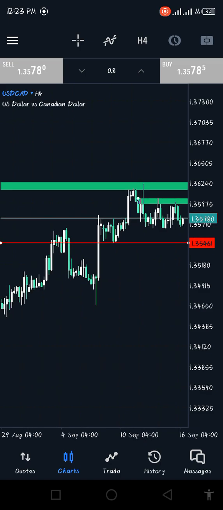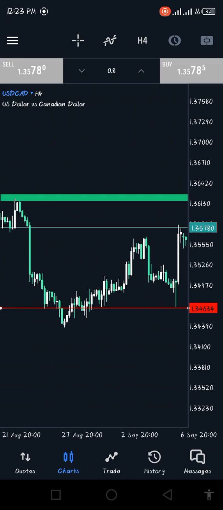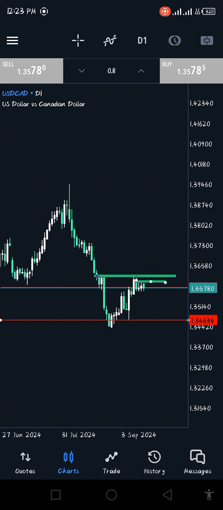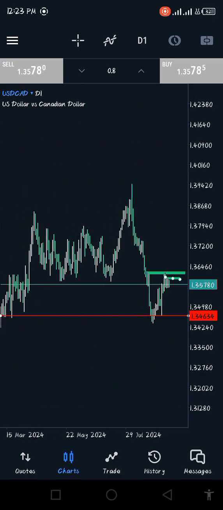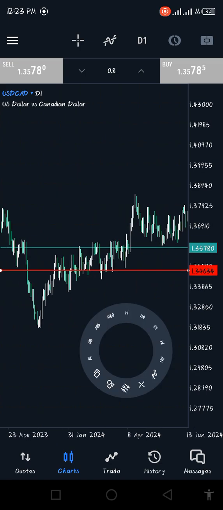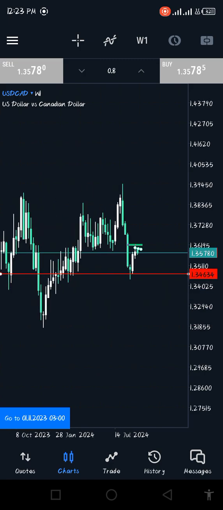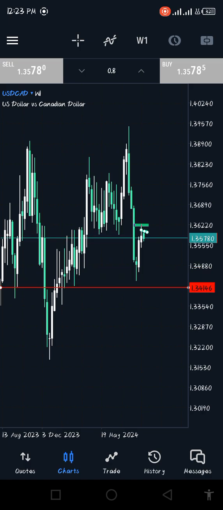Next take profit will be at this zone, and for our last take profit, let's go to the daily time frame, and we can have it all the way down here. Let's go to the monthly time frame and it might be clearer. This zone right here, that is take profit number 3.